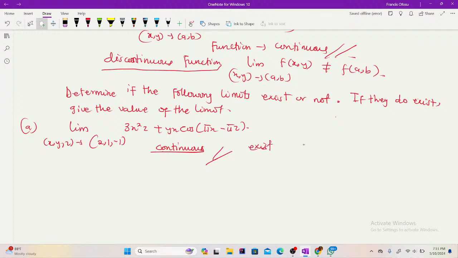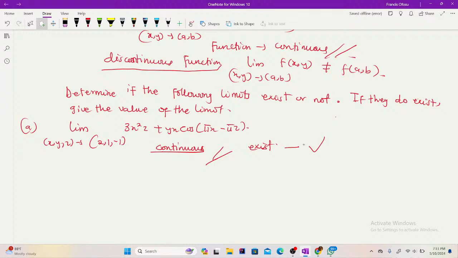Whenever they give you a limit, test whether the function is continuous at our point first before you start the limit, because once the function is continuous at that point, the limit exists and equals the functional value at that particular point.